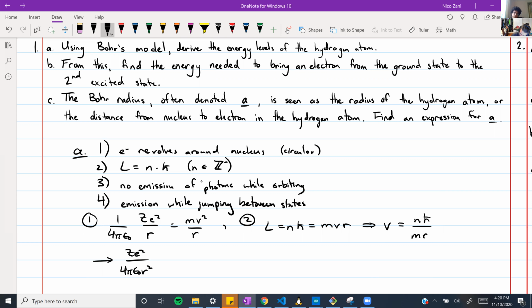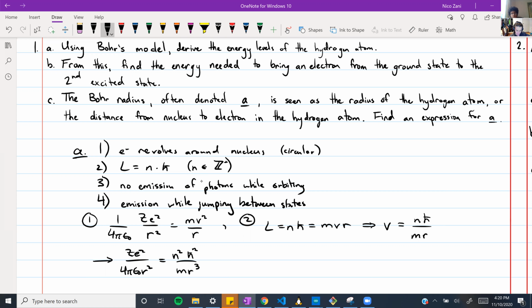So we know that this is equal to n squared h bar squared over m r cubed. Oh shoot, this should be a squared. I was right. I should have trusted myself on that. I was thinking that is the force.